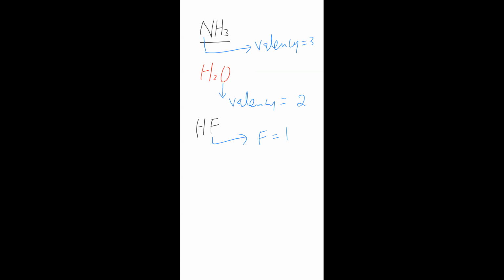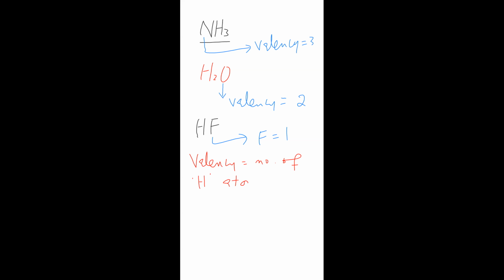It's 1, because it is combined with 1 hydrogen atom. So one way to find the valency is to check the number of hydrogen atoms attached to a particular atom; that will be the valency. So remember that valency can be defined as the number of hydrogen atoms.